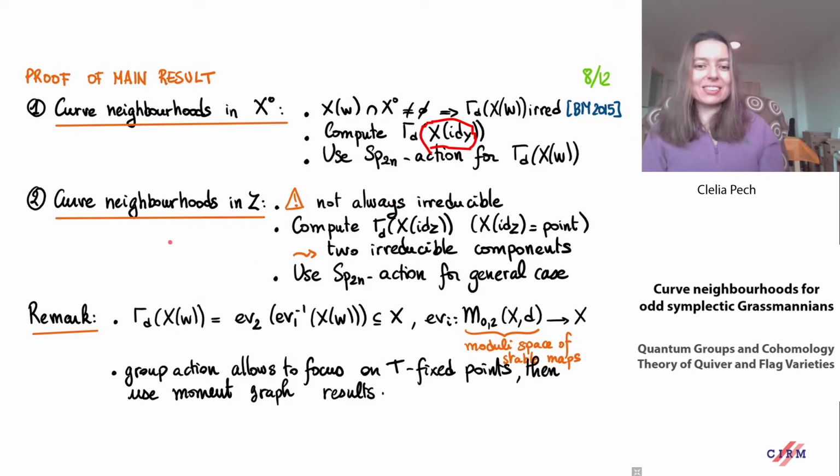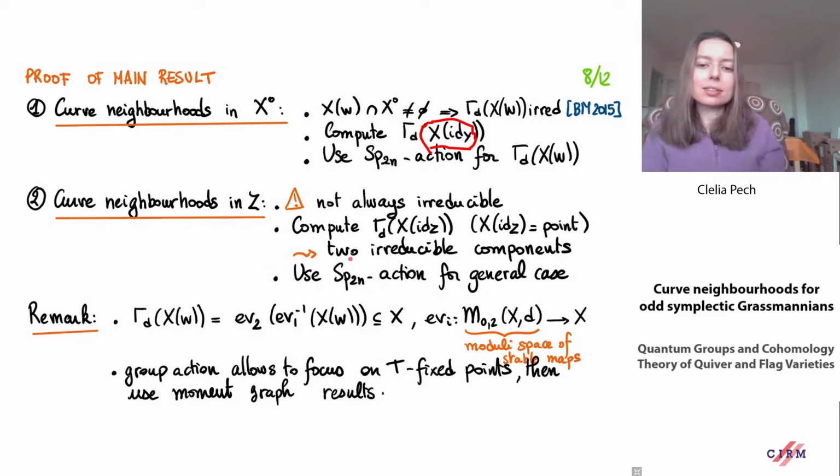Right. So now in Z. By this I mean, what do I do if my Schubert variety is entirely contained in the closed orbit? In that case, as I said, we cannot say it's irreducible because it's not always. However, it's still going to be a union of Schubert varieties. And the goal then becomes, how many irreducible components do I have?